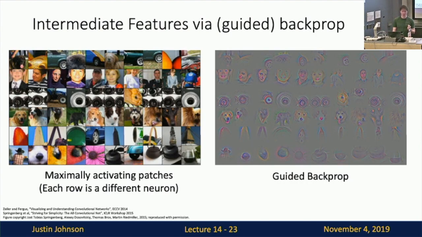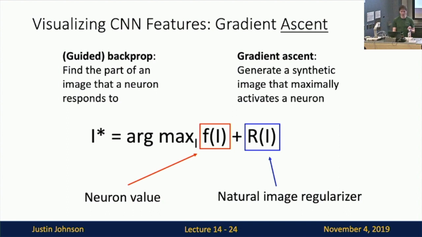Okay, so far we've used gradient information to pick out pixels of test set images that affect different values of the neurons or of the class scores. But this is restricting us to patches or images that actually appear in the test set. So in guided backpropagation, we were taking a test set image and asking which pixels of that image were responsible for causing neuron values to be some value.